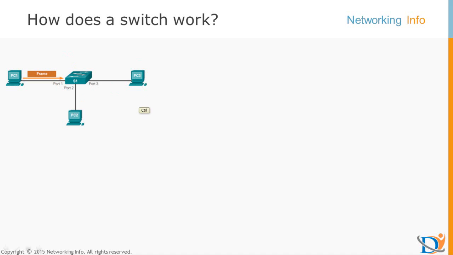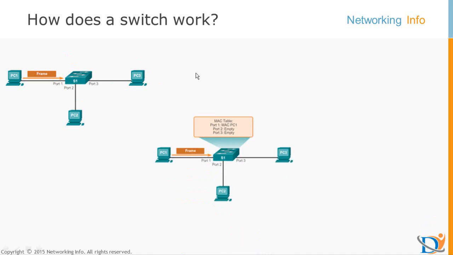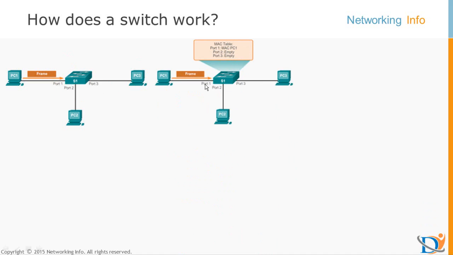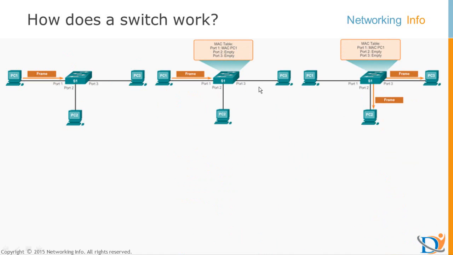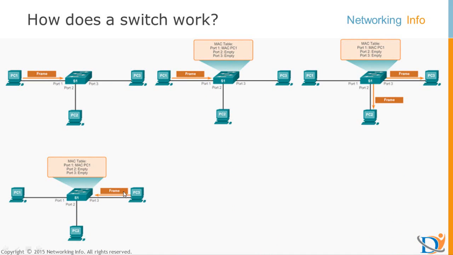So let's understand. The first packet came to the switch. The switch updates the MAC address table: on port number 1 is the MAC of PC1. Then the switch says, okay, I don't know the MAC address of PC3, so it sends the packet to all the devices. PC3 received the frame, and PC2 discards the frame because that frame was not for PC2.